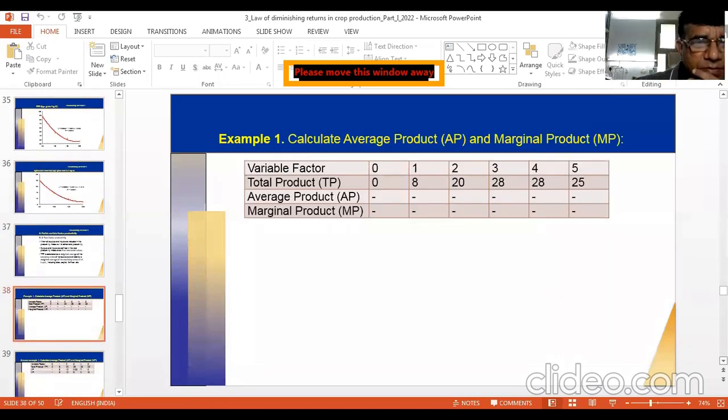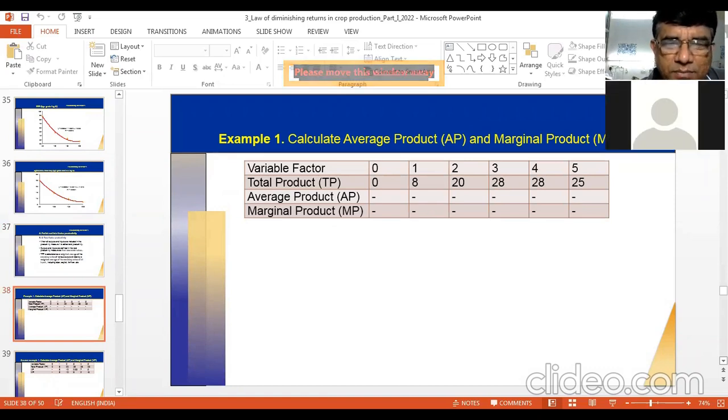Now, some exercise for you. Now you can have your pen, paper in your hands. Excuse me, sir. Total factor productivity then can be called a benefit cost ratio, BC ratio? No, it is not the benefit cost ratio.